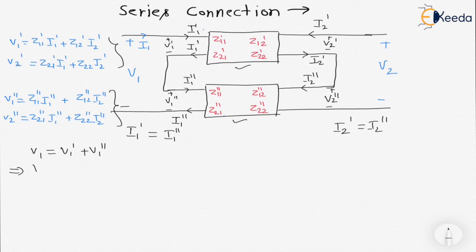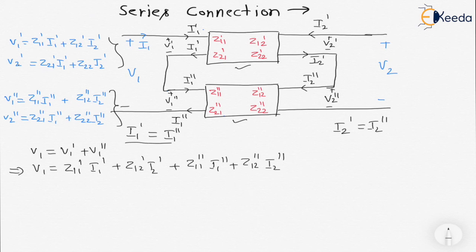So putting all these values, V1 will be equal to V1 dash, meaning Z11 dash I1 dash plus Z12 dash I2 dash, plus V1 double dash, meaning Z11 double dash I1 double dash plus Z12 double dash I2 double dash, and we know that the value of I1 dash is I1 double dash. So I1 dash and I1 double dash are equal to I1, that is the main current I1.